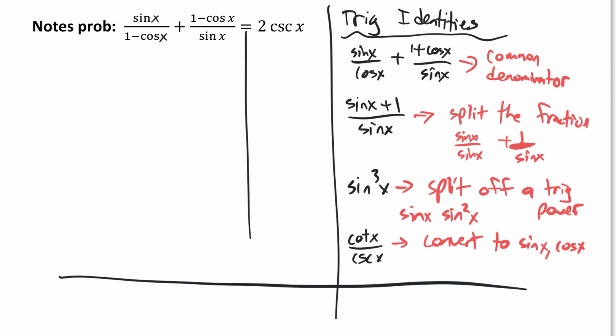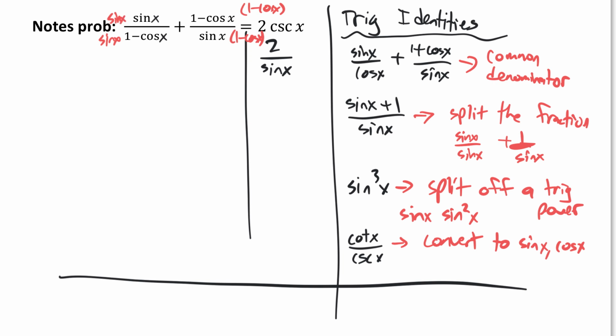All right, so hopefully you gave this one a try. It looks hopefully obvious to you that common denominator is the way to go. The right-hand side just becomes a 2 over sine x, and there's really nothing else to do on the right side. But on the left side, we could multiply the top and the bottom by 1 plus cos x, or sorry, 1 minus cos x. Multiply this side by sine.